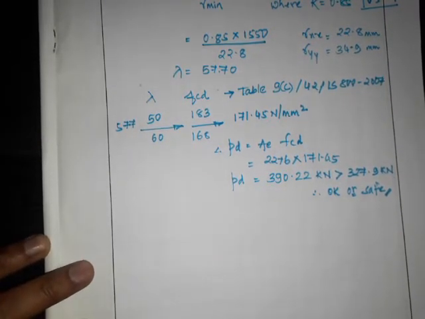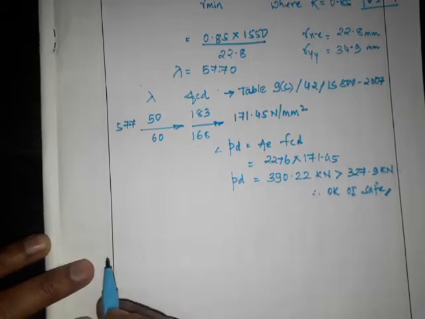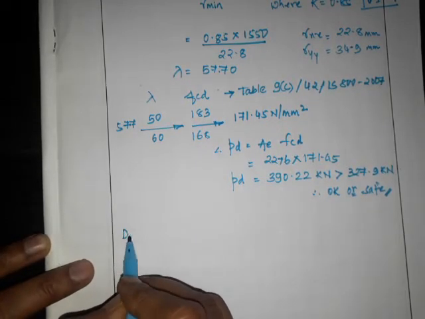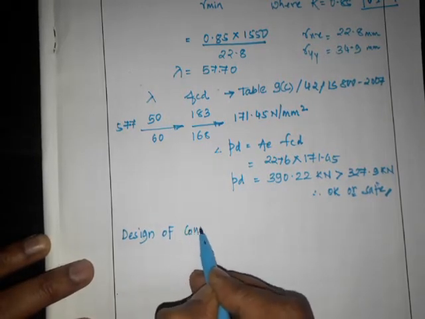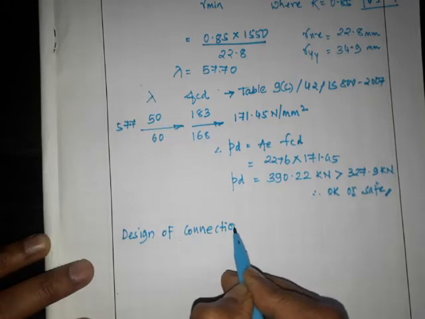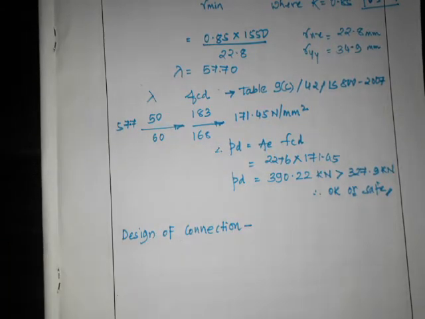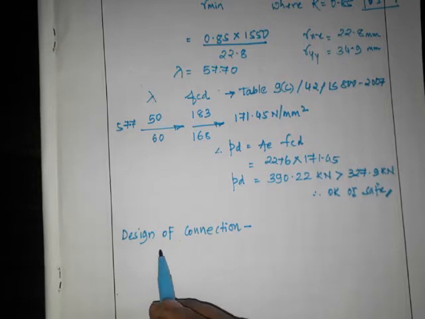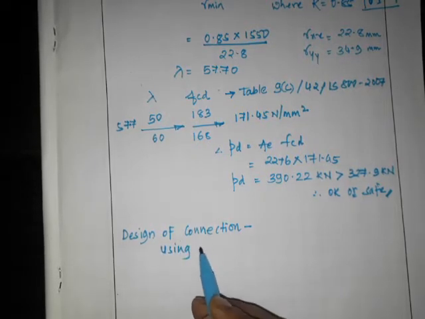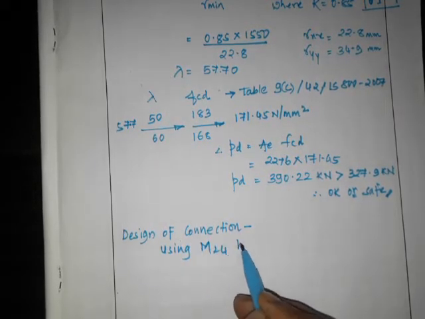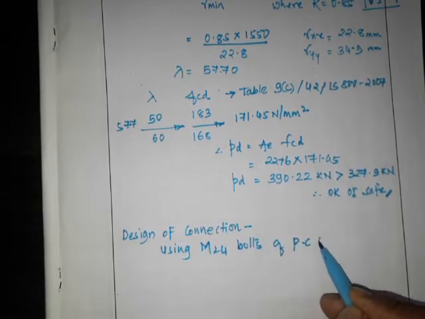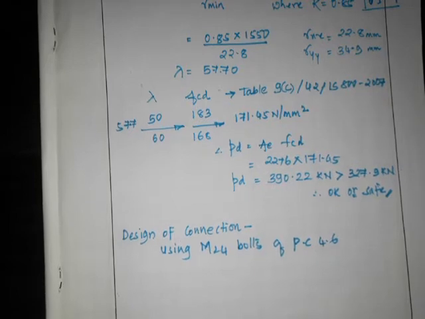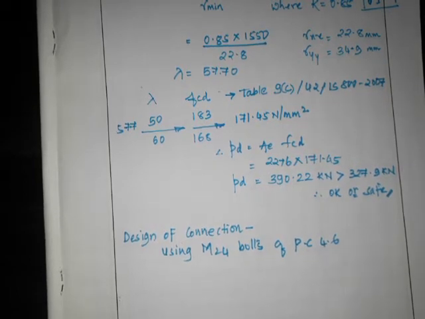Before proceeding to design of the tension member you have to go for design of connection, again using M24 bolts of property class 4.6.